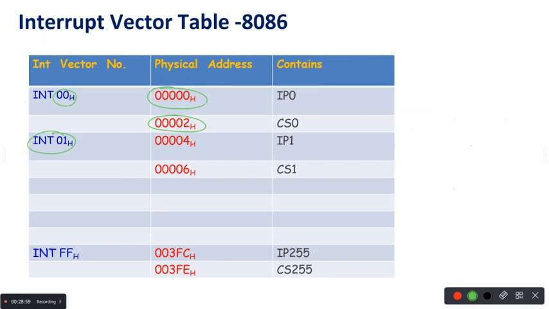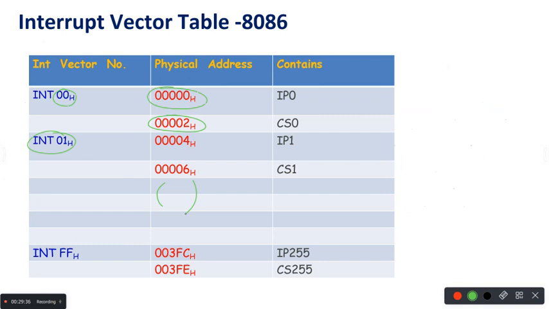The purpose of this entire interrupt table is to know where that interrupt service routine is available. For example, interrupt 21H has some IP and some code segment fixed for it. So the moment the microprocessor is interrupted by interrupt 21H, what CS and IP are loaded? The ones available from this table.